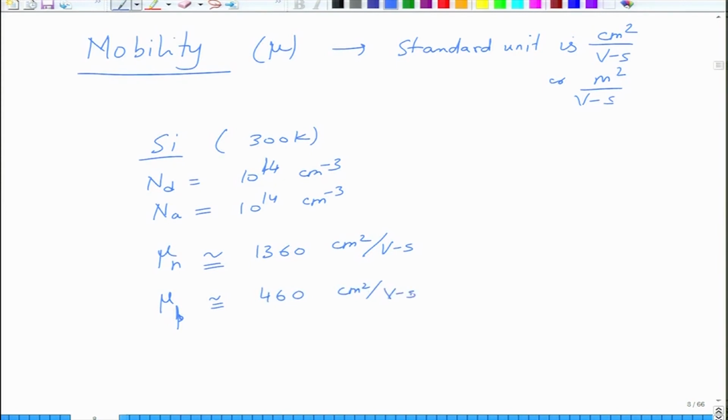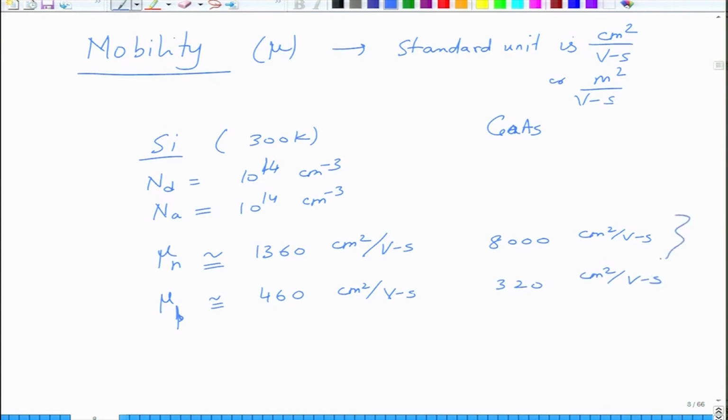So generally for semiconductors like silicon, the electron mobility is a lot greater than the hole mobility, whereas these mobilities are significantly higher in materials like gallium arsenide. Gallium arsenide, on the other hand, will have an electron mobility of 8000 centimeter square per volt second, and a hole mobility of 320 centimeter square per volt second.